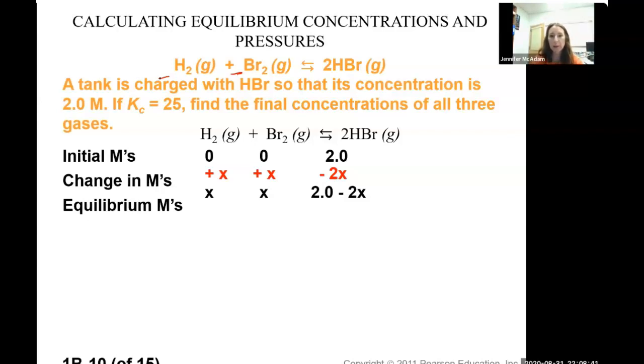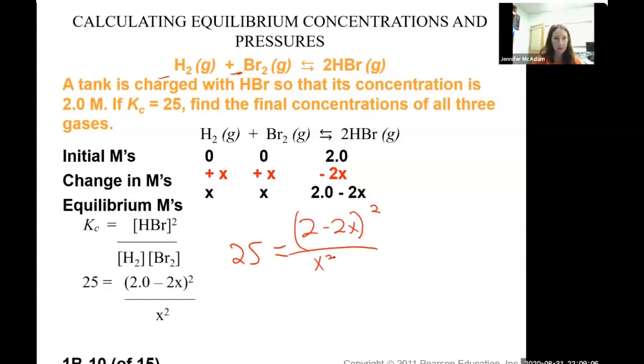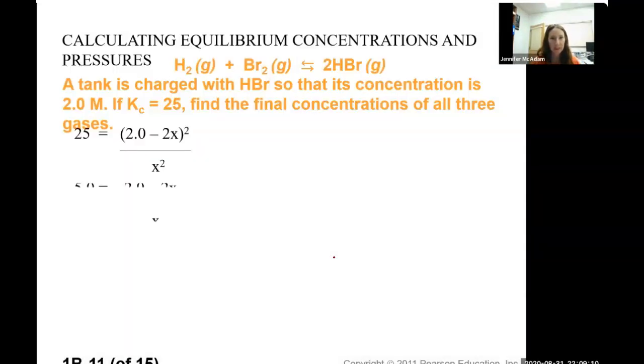So then when we write in our equilibrium expression, K, which is given to us, is 25, equals (2 minus 2x) squared over x squared, right? They're both x's. That math doesn't look like fun, does it? That doesn't look like lovely math at all.